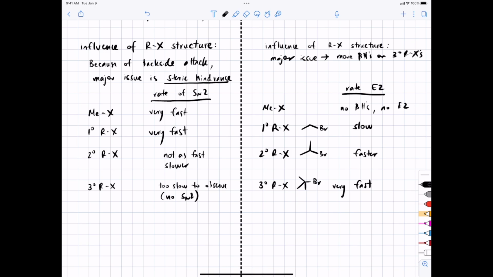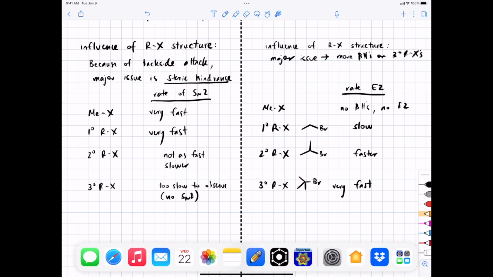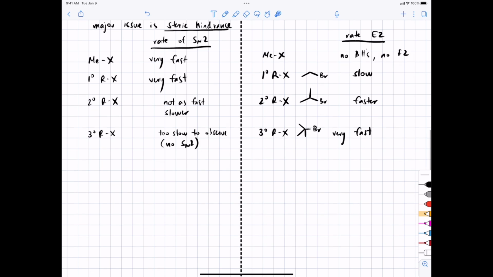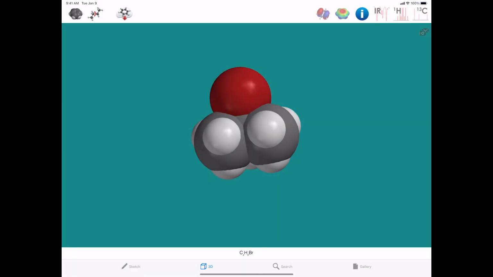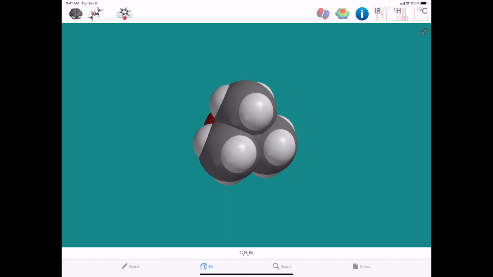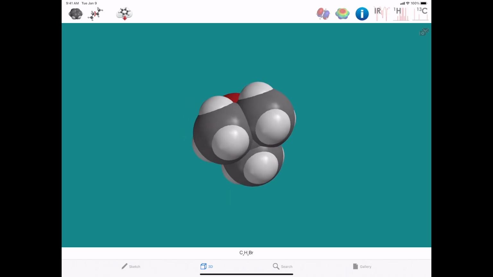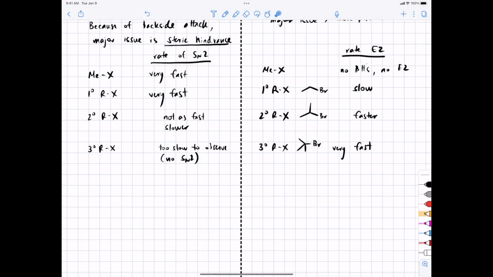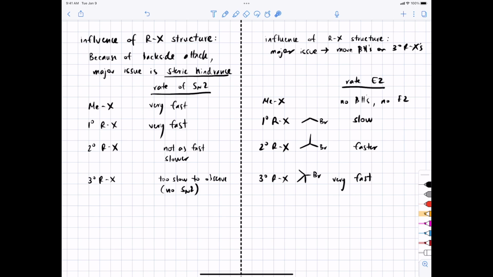So from a simple statistics point of view, it is easier to do an elimination reaction on a tertiary alkyl halide simply because there are more beta protons available. Each of these is a beta proton that's aligned with the leaving group, right? And each of them would be accessible for an E2 reaction. So you've got a statistical issue that tertiary alkyl halides simply have more beta protons.